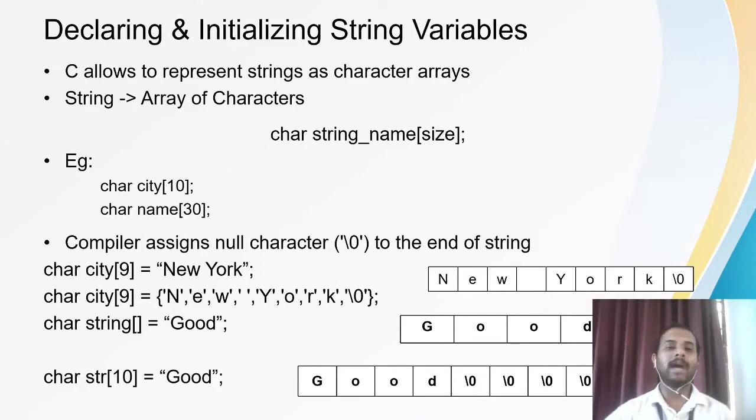How many bytes is it going to consume? The first one will consume only 10 bytes. The second one will consume around 30 bytes, because a character consumes only 1 byte. So here char city[9] = "New York". New York will be placed, and in the last position the null character will be placed.